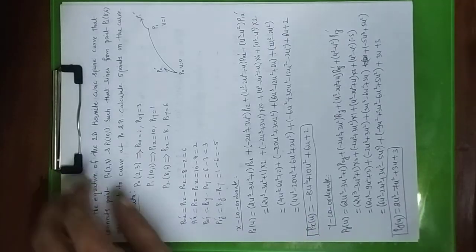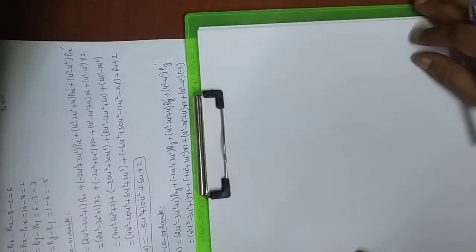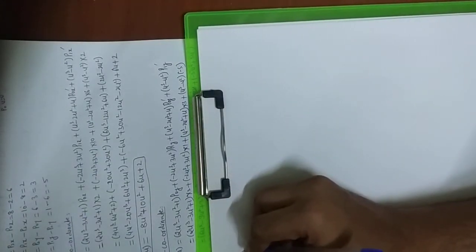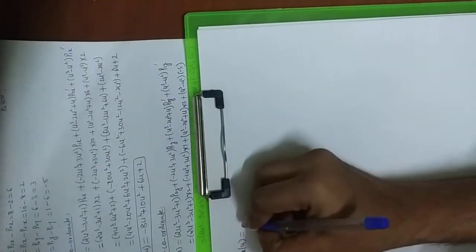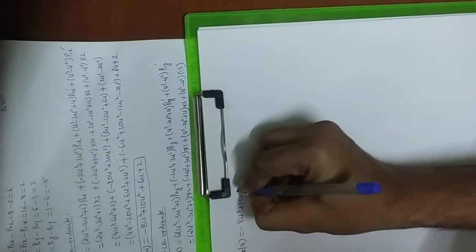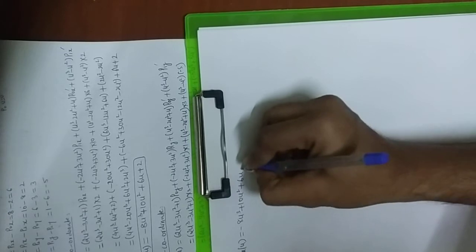Okay, and from both the equations we will find another parameter. First of all, I will write down both equations so that they will be in front of us. P of x of u equal to minus 8u cube plus 10u square plus 6u plus 2.